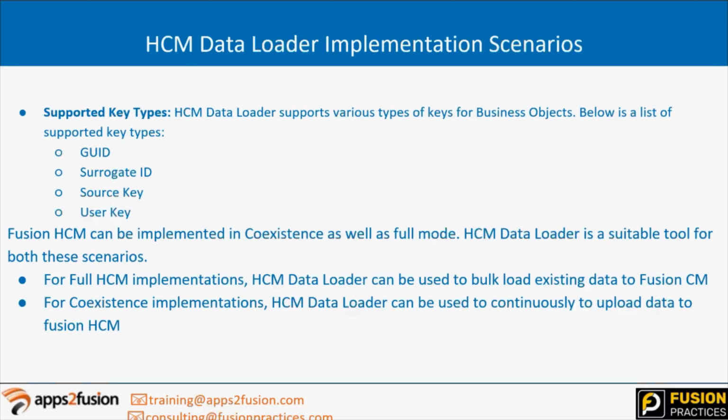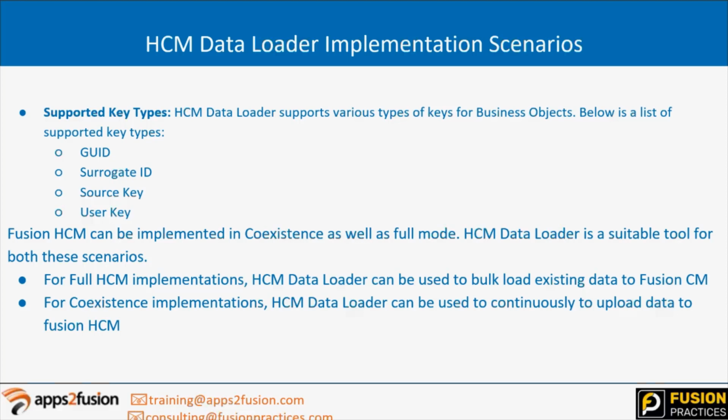When we are doing this integration, a common problem in moving the data from one system to another system is how to uniquely identify the records. When moving data from one system to another, we find different varieties of data. For example, EBS has a different structure, and PeopleSoft has a different structure.